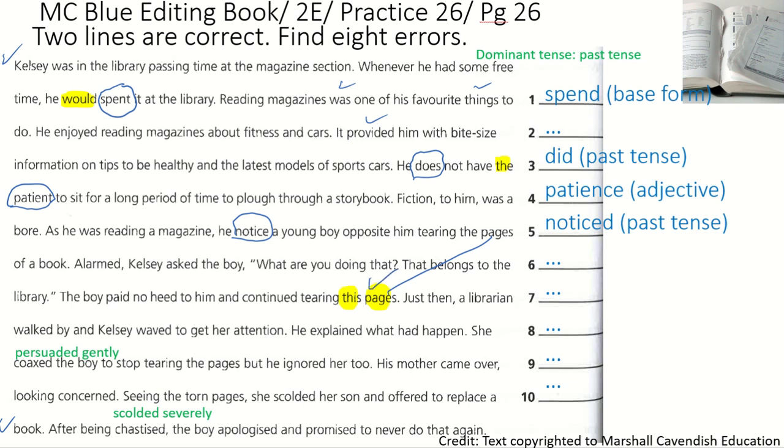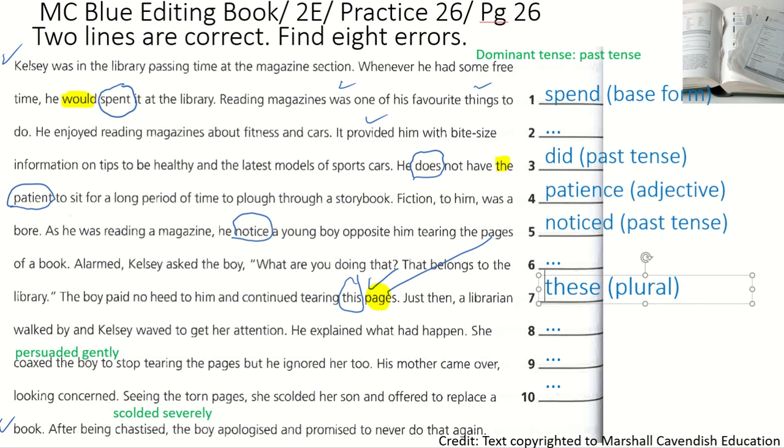So the one that needs to be changed would be this. The plural form of this is these, T-H-E-S-E. That will be the plural form. These pages. Wait. I think there's an error in this. Why?